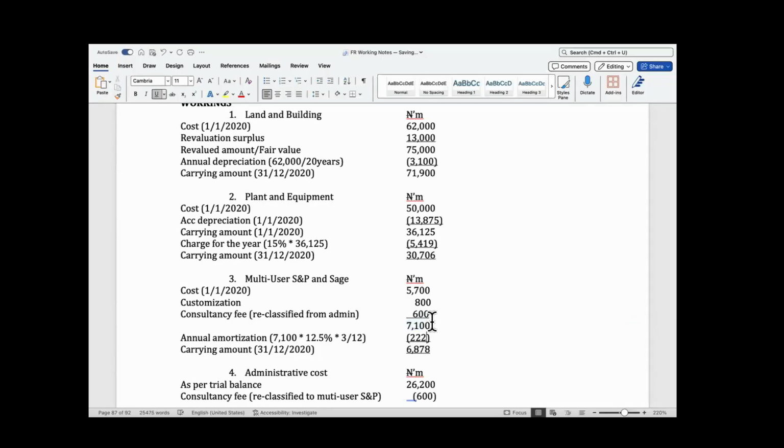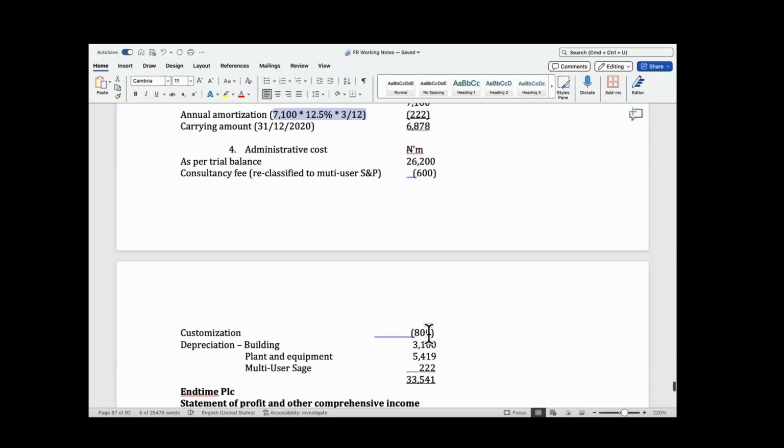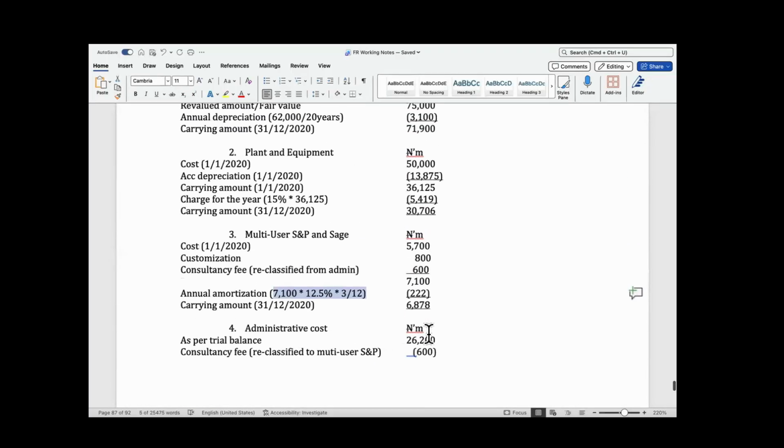So if you apply it, 12.5% times 7,100 times 3 over 12, it's 222. So then if I remove that from my cost, it gives me this, which is okay.